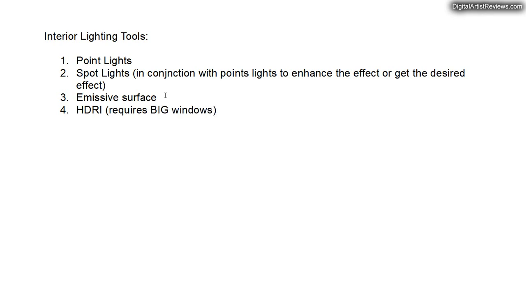Big windows. So a lot of people miss that. And in conjunction with that, when we speak about HDR maps, you also have the built-in Arnold sun sky lighting system. This is also for exterior lights, but it works wonders if you know how to use it indoors, which obviously also requires big windows.